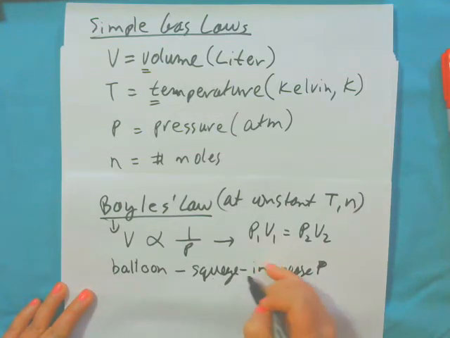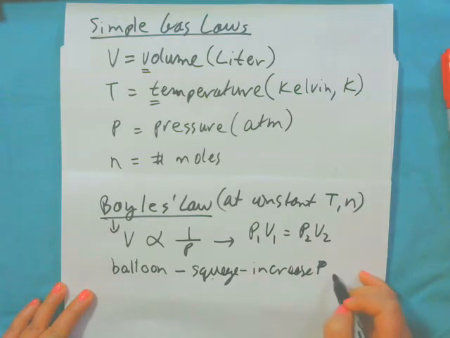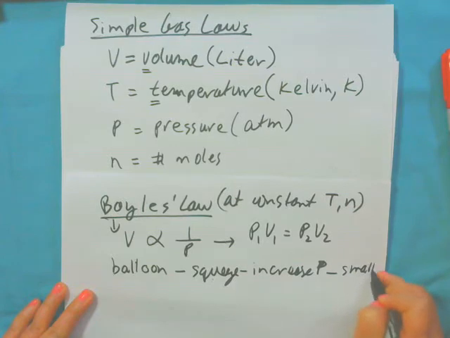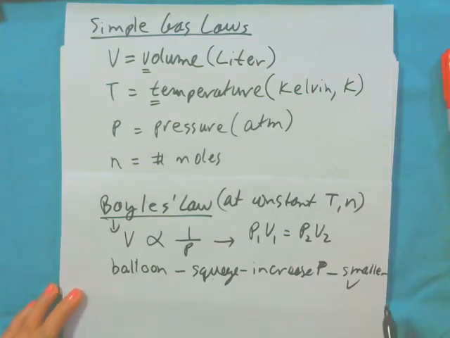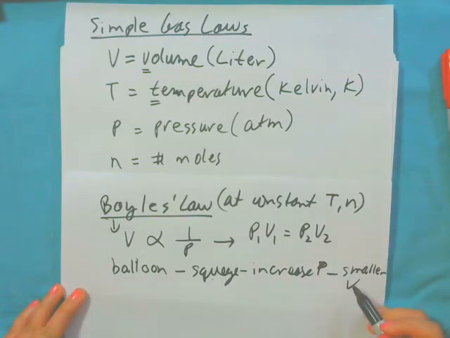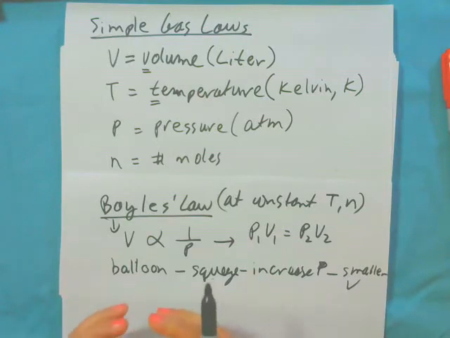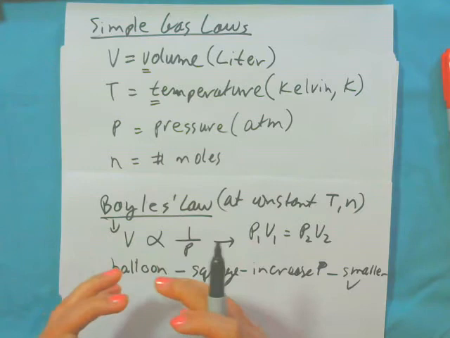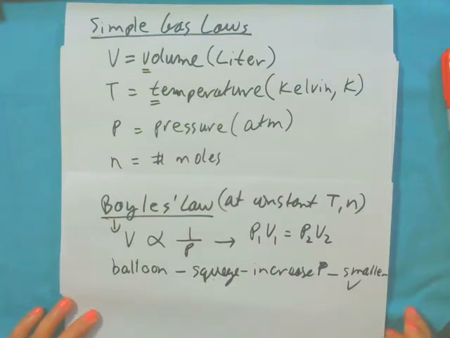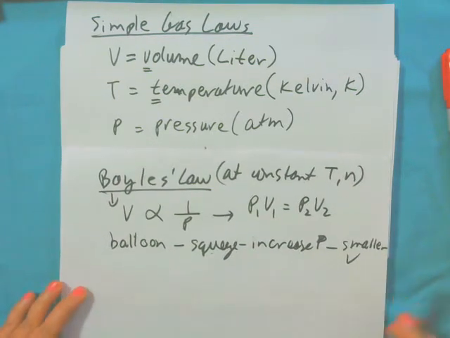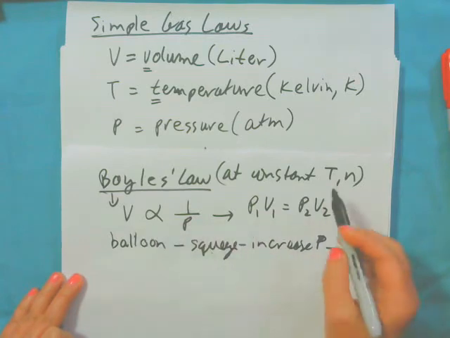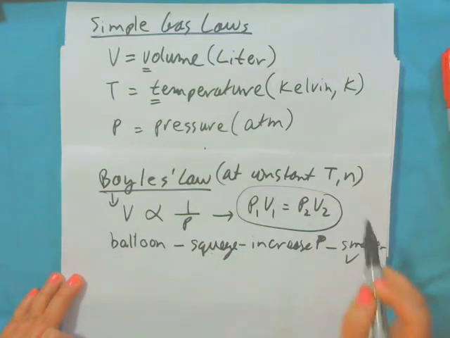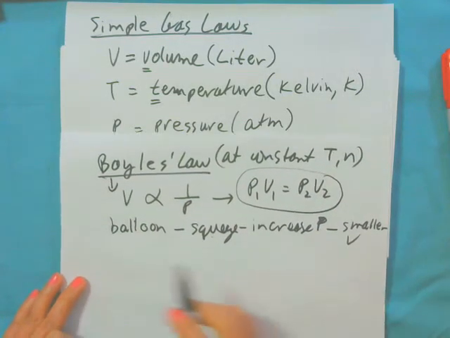So if you squeeze a balloon, the balloon gets smaller, but you're also increasing the pressure within the balloon by squeezing it. It's a very intuitively obvious thing. So here are my two ways that I can write Boyle's law. This is how you would normally use the equation.